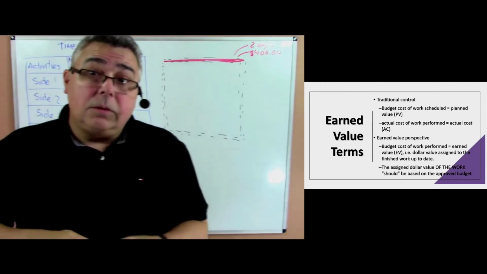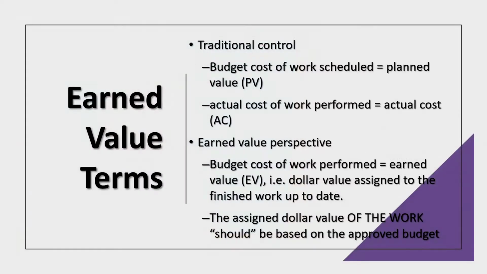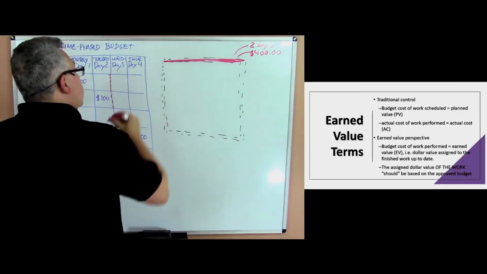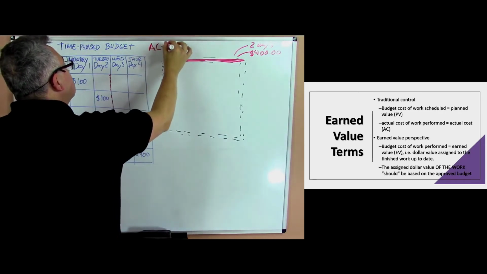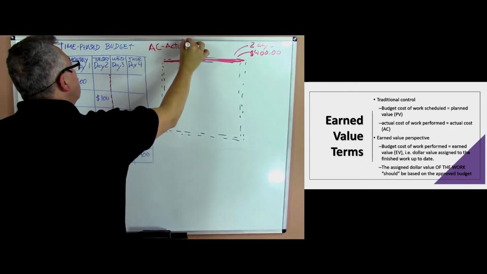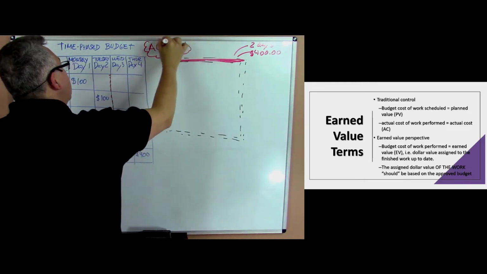But to monitor and control the project, we need other things from the execution. We need two other things. What we call AC, actual cost of work performed, is the real expenses.